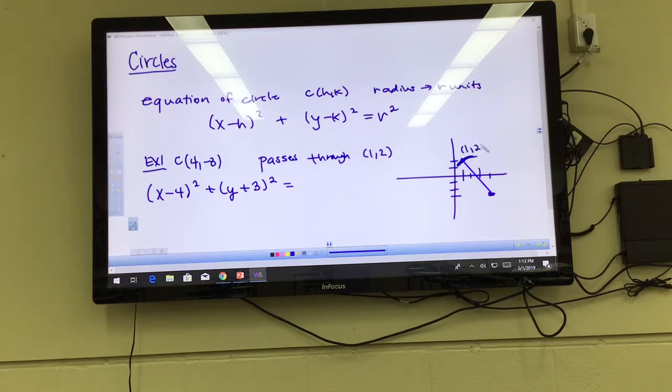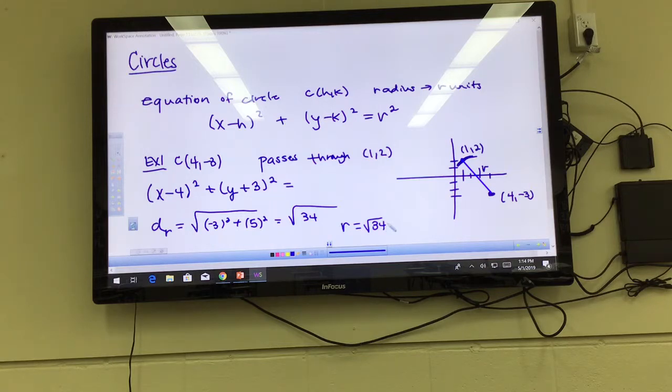This would be (1, 2), and this is (4, -3). So I'm looking for the radius, so I'm going to use the distance formula. The square root of (1 minus 4) is -3 squared, and (2 minus -3) is 5 squared. So that would be the square root of 9 plus 25, and 9 plus 25 is root 34. So my radius is the square root of 34.